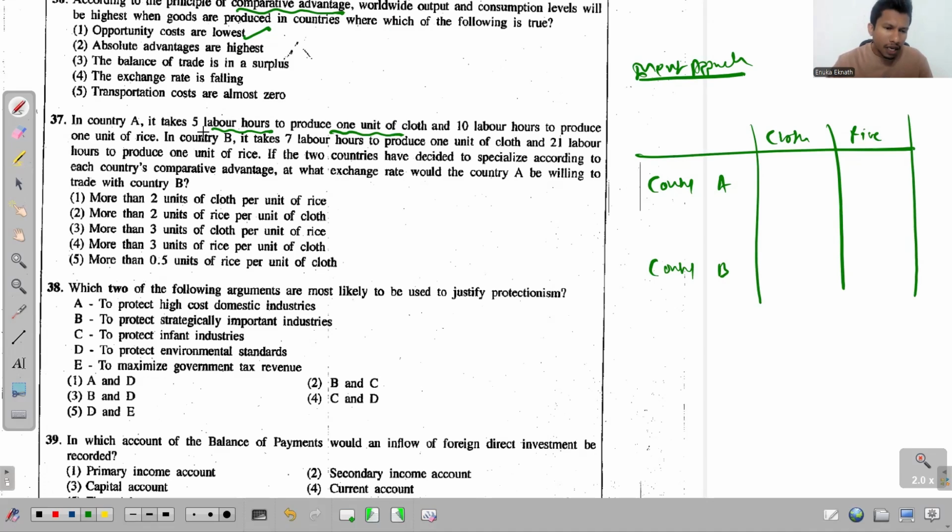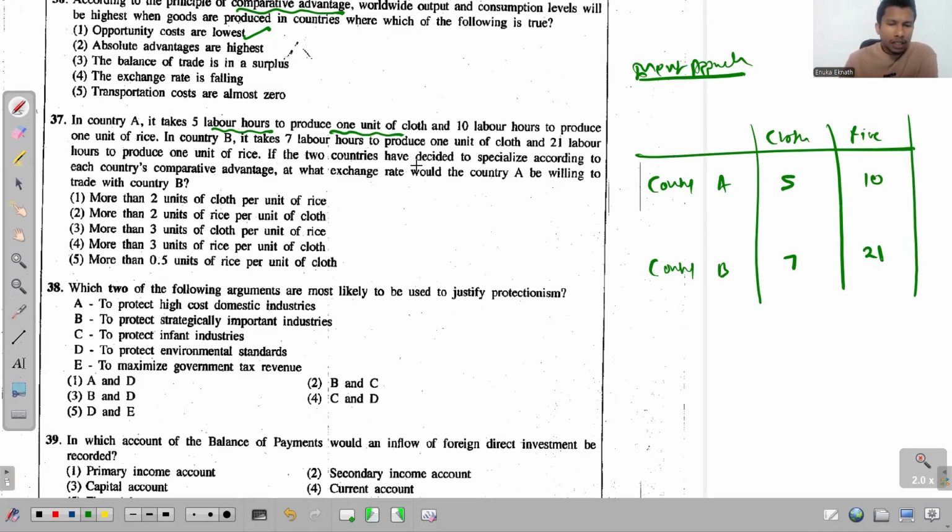In country A, it needs 5 labor hours to produce 1 unit of cloth and 10 labor hours to produce 1 unit of rice. The next part, in country B, it takes 7 labor hours to produce 1 unit of cloth and 21 labor hours to produce 1 unit of rice.